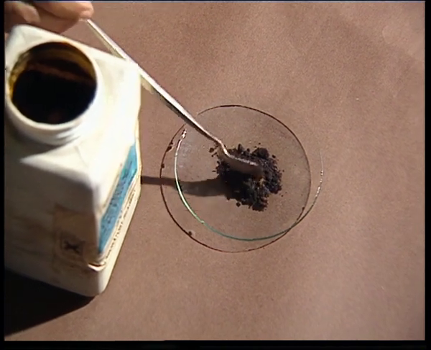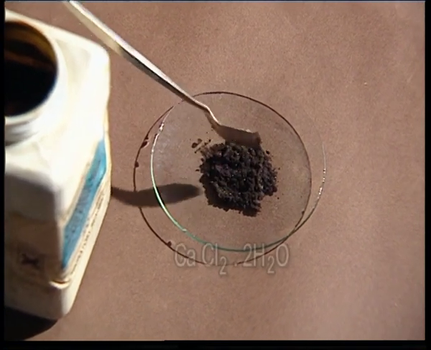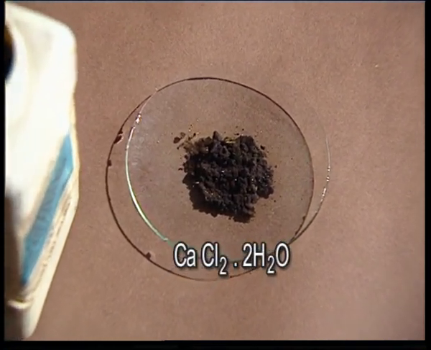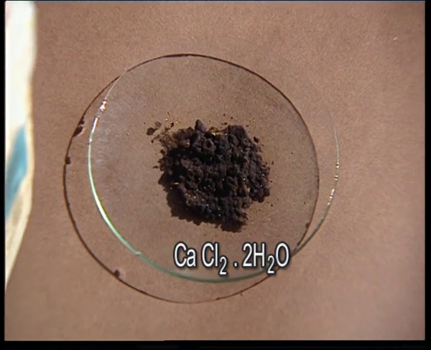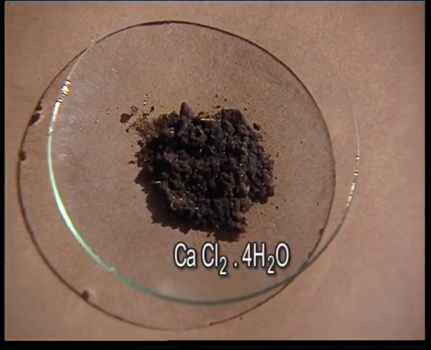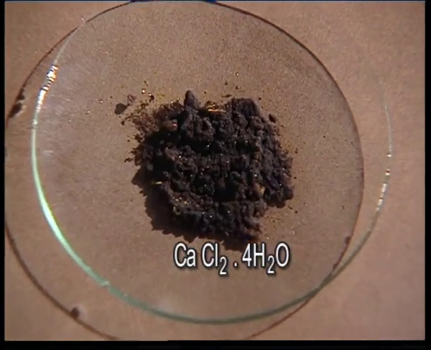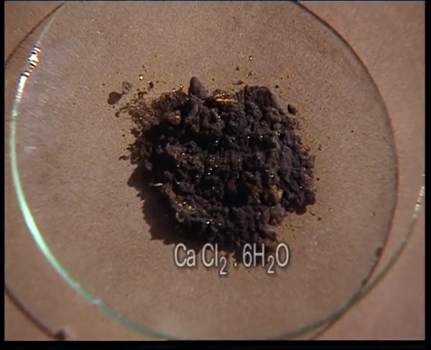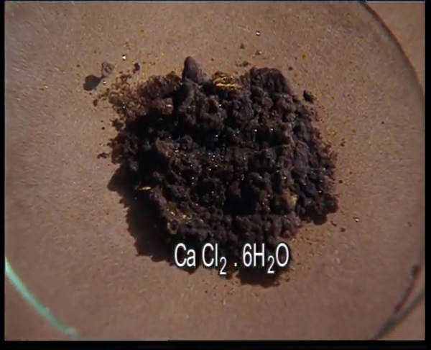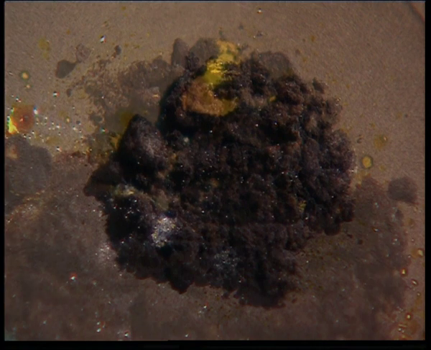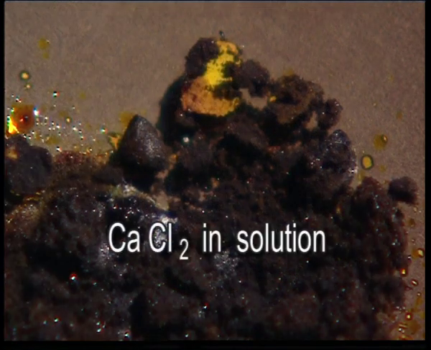Left in a watch glass, it will turn into CaCl2·2H2O, and then into CaCl2·4H2O, followed by CaCl2·6H2O, and eventually into a pool of liquid which is a solution of the salt.